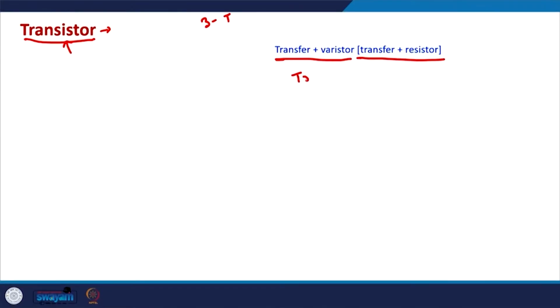That was the initial understanding of the transistor, but modern transistors are quite different. The way to define modern transistors, in very simple terms, is that a transistor is a device that can achieve switching and amplification.